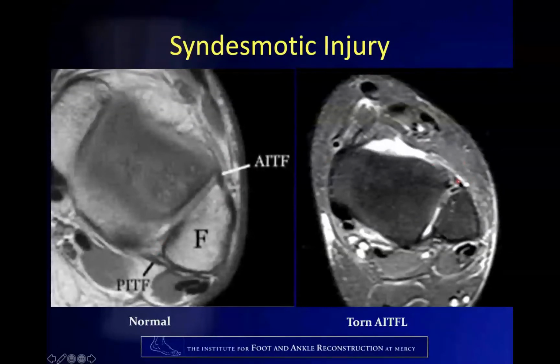And here we see a disruption of the anterior tibiofibular ligament, and the posterior tibiofibular ligament looks intact, but there is some fluid here as well. So there is some concern that this is not in a good condition.